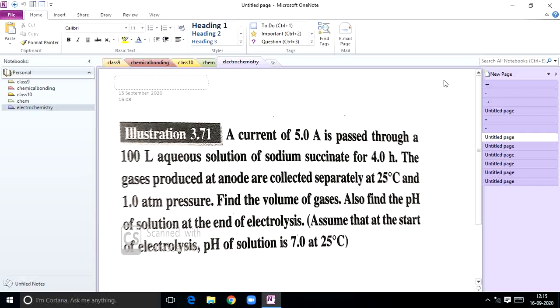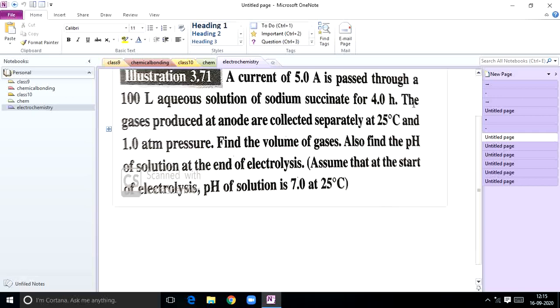So this one is also the same model. A current of 5 ampere is passed through 100 ml of aqueous sodium succinate for 4 hours. The gases produced at anode are collected separately at 25 degrees and 1 atmospheric pressure. Find the volume of gases and also find the pH of the solution at the end of electrolysis.